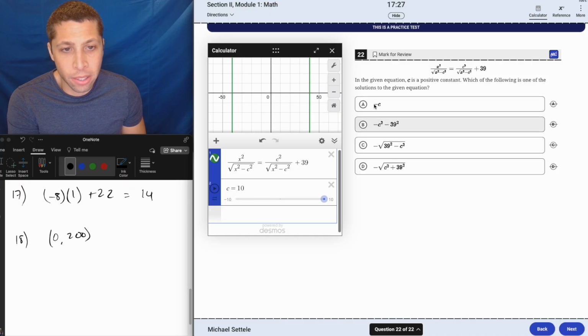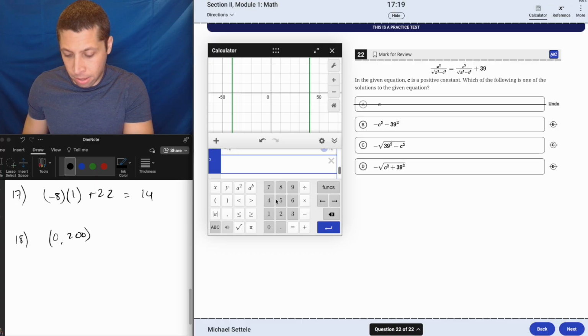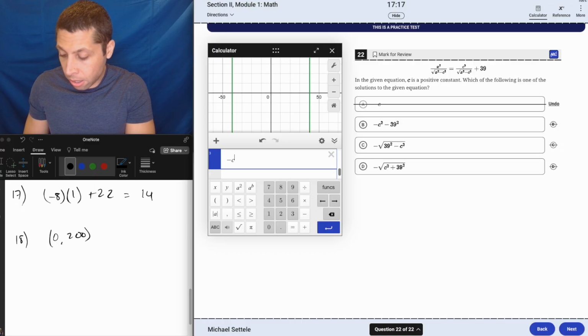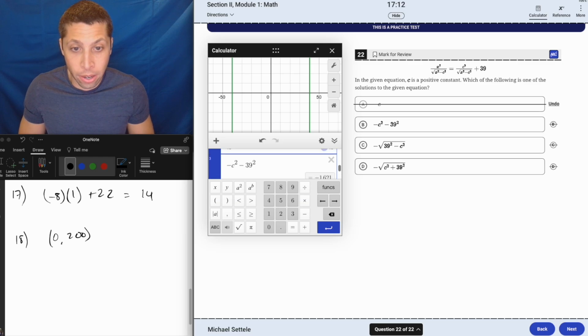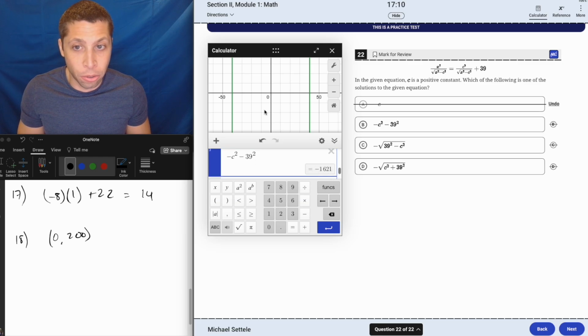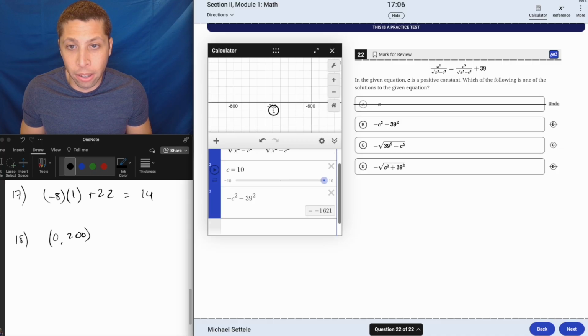So if C is 10, negative 10 does not look like a solution, so that's gone. This would be negative 100 minus 39 squared. So let's just type that in. So negative C squared minus 39 squared is negative 1,621. That is not a solution. I mean, I could go all the way out there.